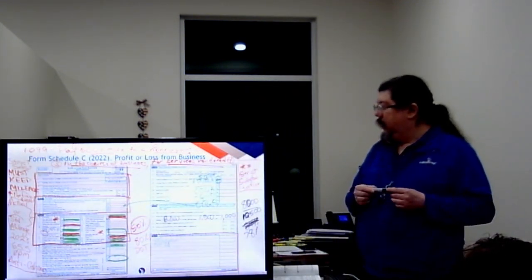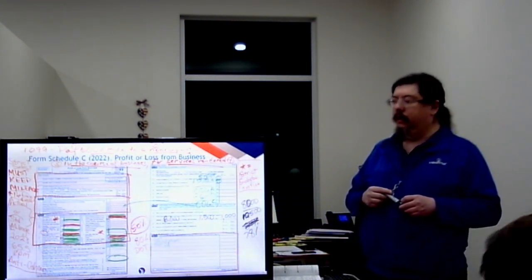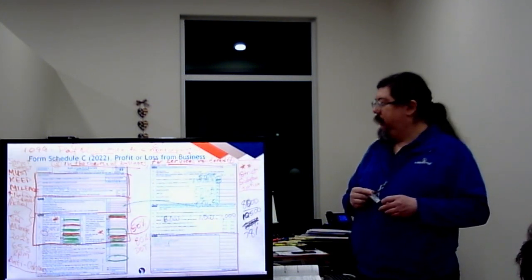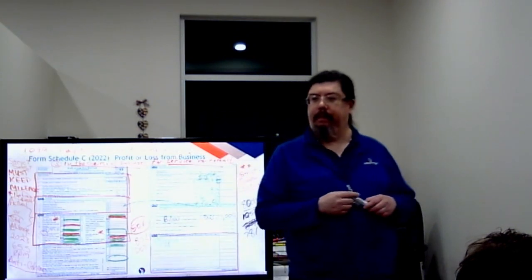But if you're taking the standard mileage deduction, you wouldn't use this percentage. You would just use the standard mileage rate, which in 2023 is 65.5 cents per mile.